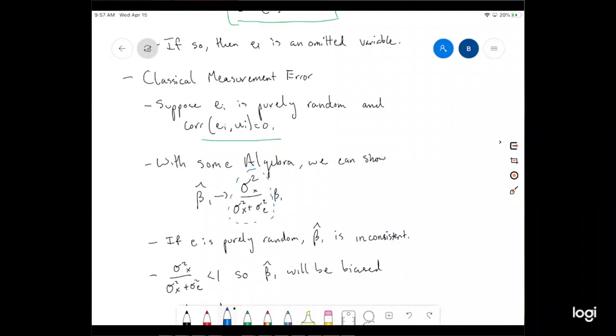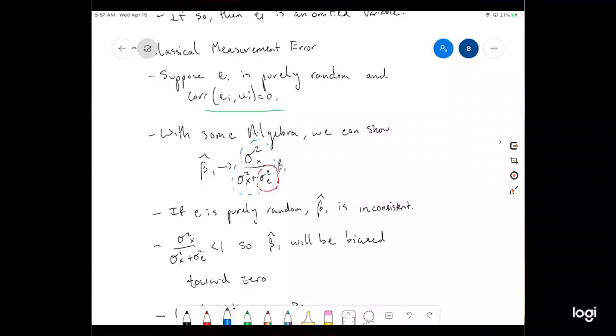So of course, if there's no measurement error, then the variance of the measurement error goes to 0, and we just get the variance of x over the variance of x. So beta 1 hat converges to beta 1, which is what we want. But when there is measurement error, then we know that beta 1 hat is inconsistent. It's converging to beta 1 times something. So what is that something?